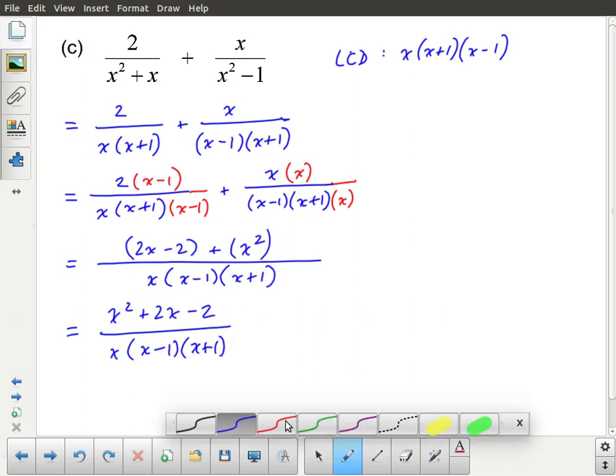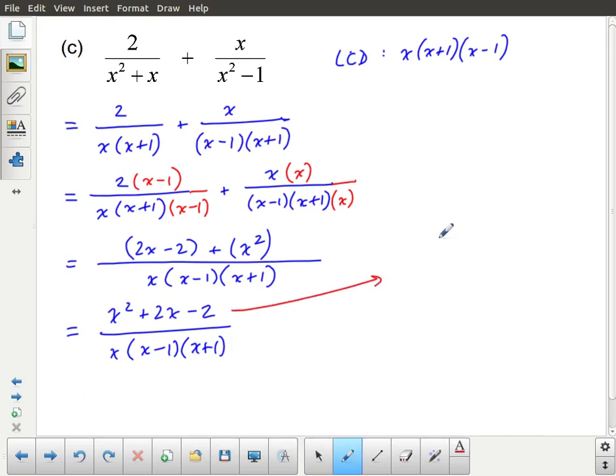We have to ask ourselves about factoring: sum, product, and integers. The product is negative 2. The sum is positive 2. Are there any integers that give us that sum and product? And the answer is no.